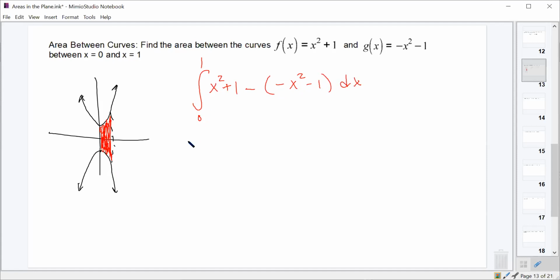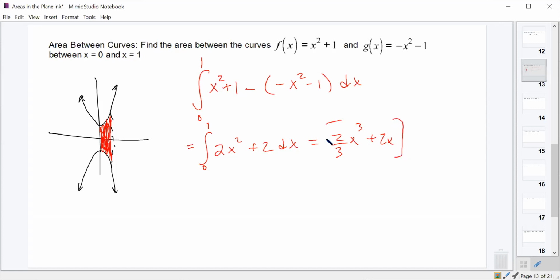We will combine those into a simpler integral, x squared minus negative x squared, and 1 minus negative 1, giving us what? What is the integral of 2x squared plus 2? Two-thirds x cubed plus 2x.